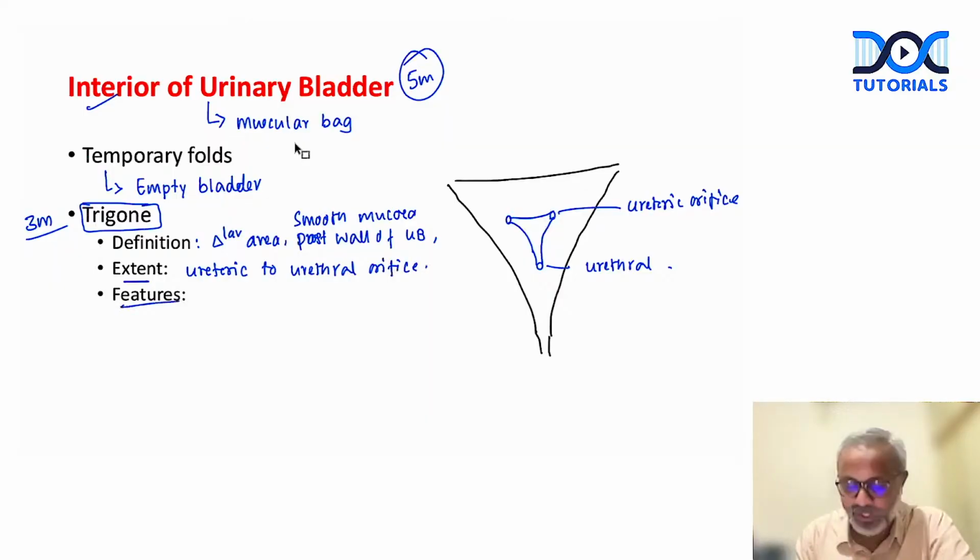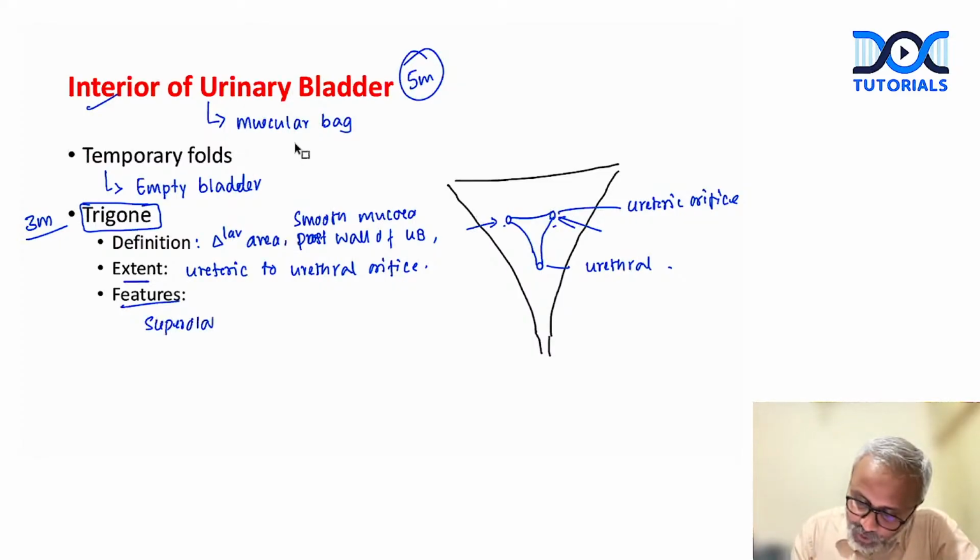Then what are the features we need to draw? Remember, here we need to talk about how these boundaries are formed, right? Now, first, let's talk about the superolateral boundaries, right? So what is present superolaterally? Superolaterally, we have the ureteric opening, right?